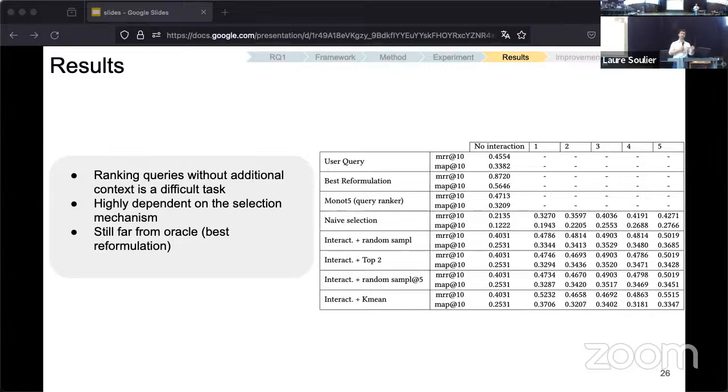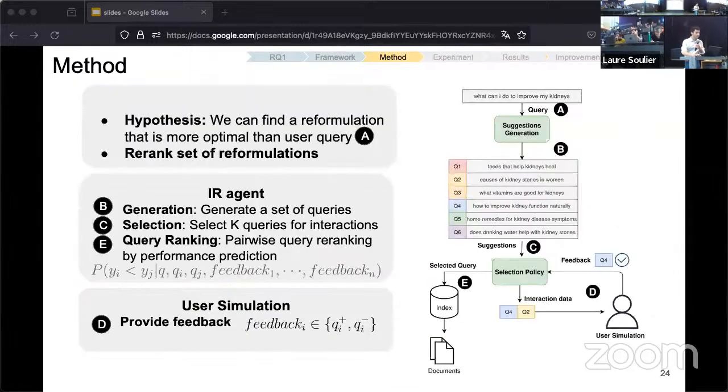So we can see that. Okay, so it's not useful, but as I said earlier, it's a really difficult task for the system to evaluate whether this query is better than this one, given that we have very little context, we only have the user query to rely on. So if we contextualize with this, using what can I do to improve my thesis, it's really difficult to estimate, for example, whether Q4 is better than Q5. We don't know, we have to interact with the user to understand that.